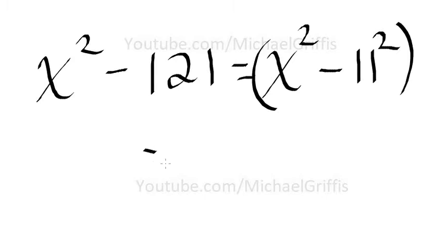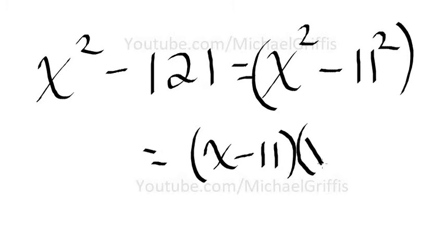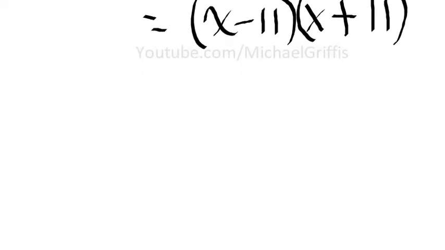So we can write this as x minus 11 times x plus 11. See, it's important to rewrite that 121. This way you can just look at it. Okay, let's work another one here.